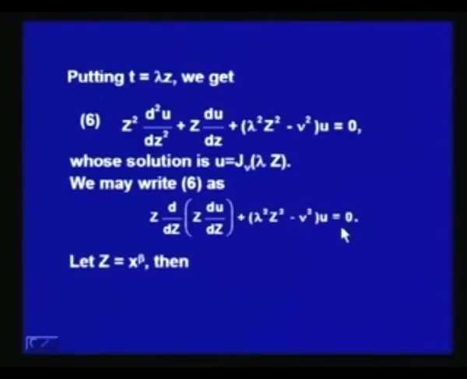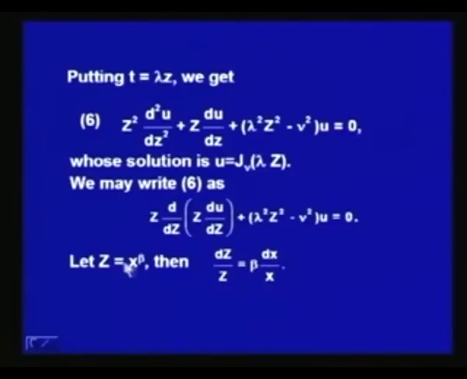Let us now make another substitution to this differential equation of second order. Let us put z equal to x to the power beta, where beta is a constant. When we take the logarithm on both sides, we get log z equal to beta log x, and when we differentiate on both sides, we get dz over z equal to beta dx over x.